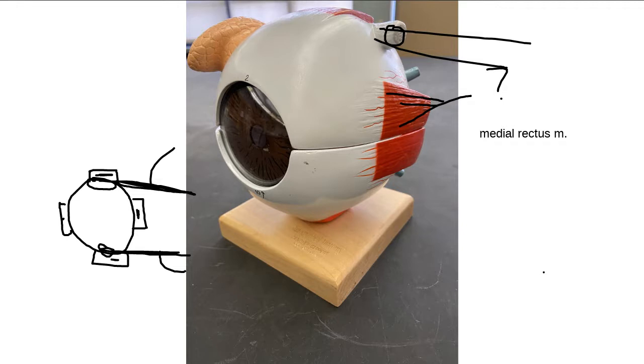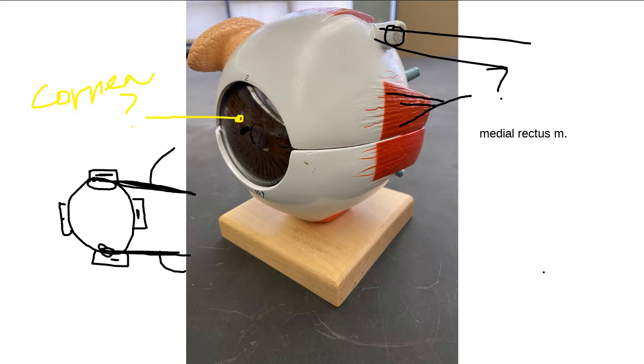Okay, so what do we say this clear thing is? The transparent one. The lens? No, we haven't started the lens yet. It's the cornea.